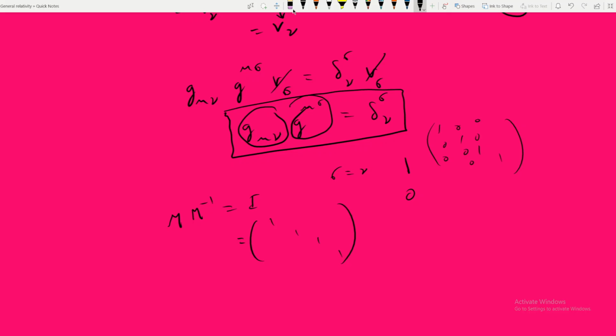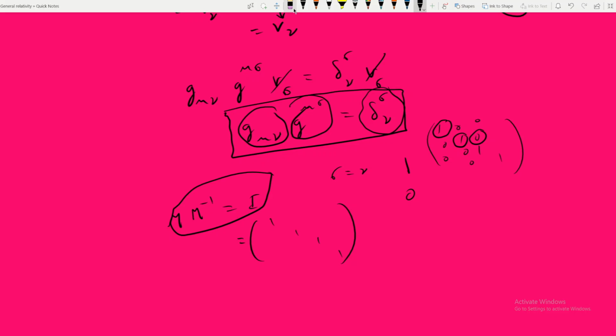So we have the identity matrix here, because we have 1 when sigma is equal to nu, meaning this Kronecker delta is just representing the components of the identity matrix, right? And so that's basically it. We know whenever we multiply a matrix by its inverse, we have the identity matrix. So this g mu sigma must be the inverse of g mu nu, right?